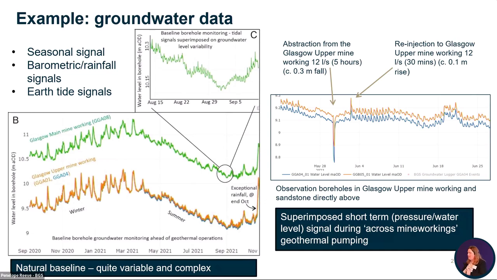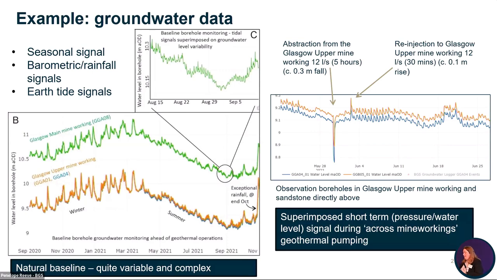We can see that on the right-hand side, which is an image. You can see the yellow, the orange and the blue lines are the water levels measured by the hydrogeological loggers in some observation boreholes. And so we're seeing those regular earth tide type variations, daily variations, and highs and lows in those water levels. But there are also 2 peaks that you can see that stand out.